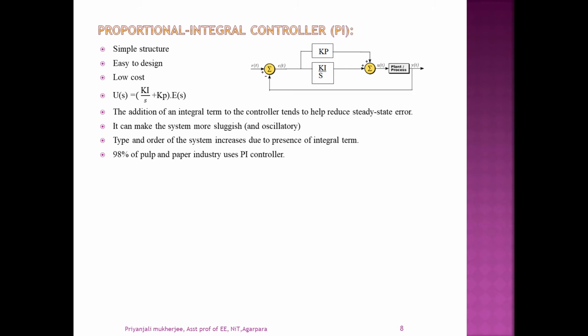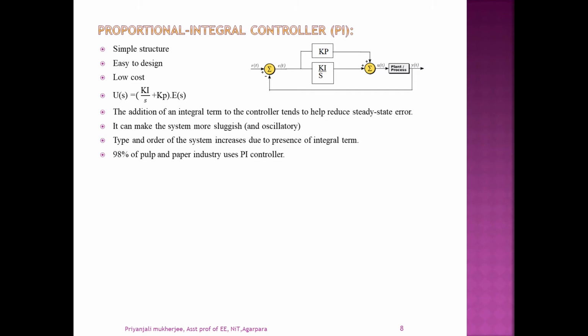But it fails when the control object is highly nonlinear and uncertain, and it eliminates the forced oscillations and steady state error. However, introducing the integral mode has a negative effect on the speed of response and overall stability of the system. So the PI will not increase the speed of the response, and the PI controller does not have means to predict what will happen with the error in the near future.